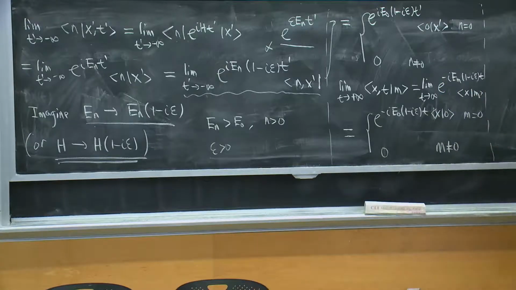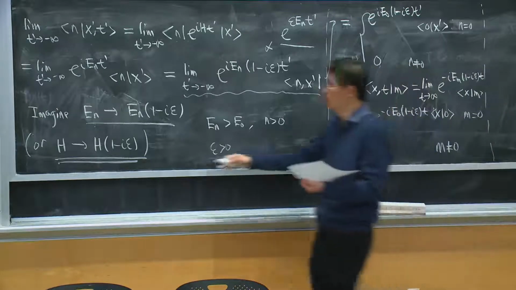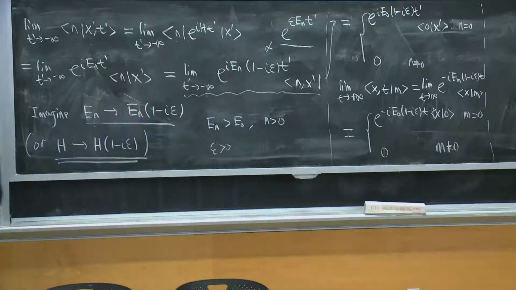So this simple trick beautifully selects the m equal to 0 and n equal to 0 piece.